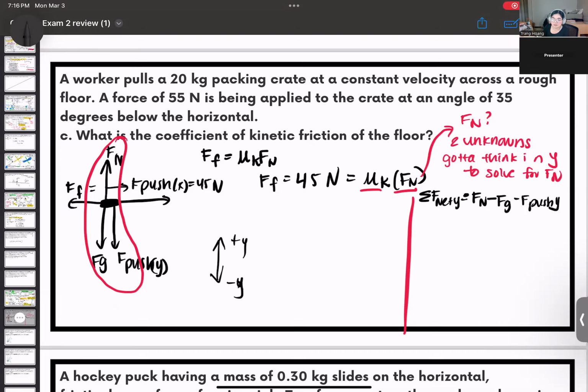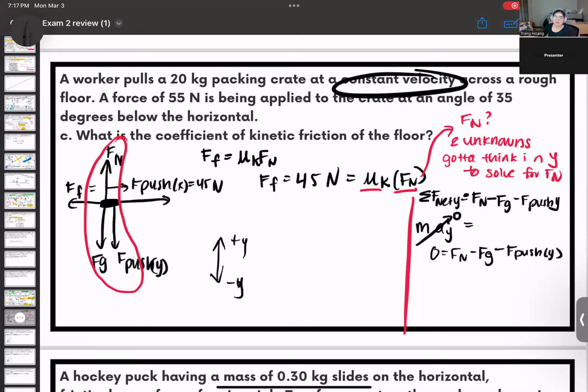F net y, remember, is equal to m times ay. Since it's not moving up or down, remember, it's moving this way, or trying to move this way, acceleration is going to be equal to 0 because it's constant velocity. So we have 0 is equal to Fn minus Fg minus F push y.